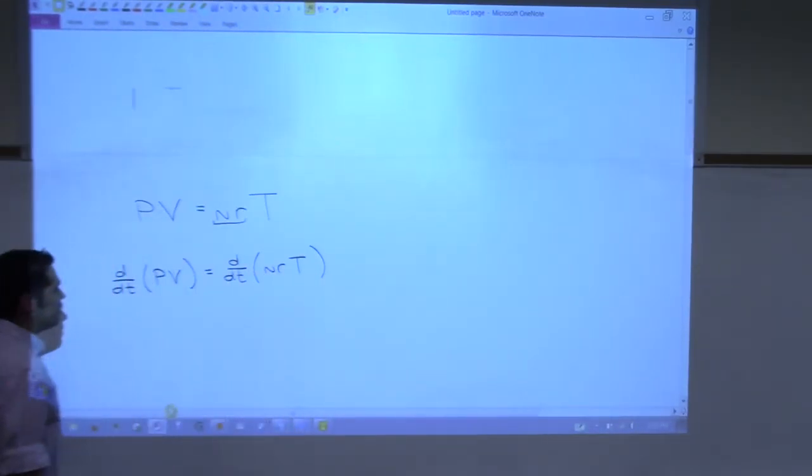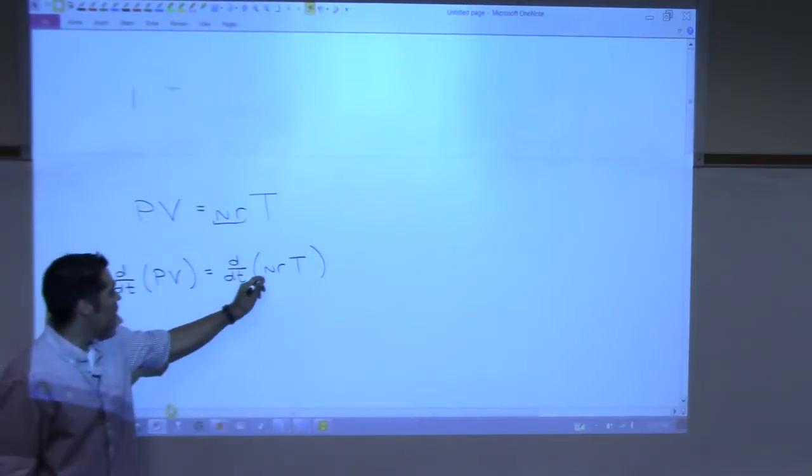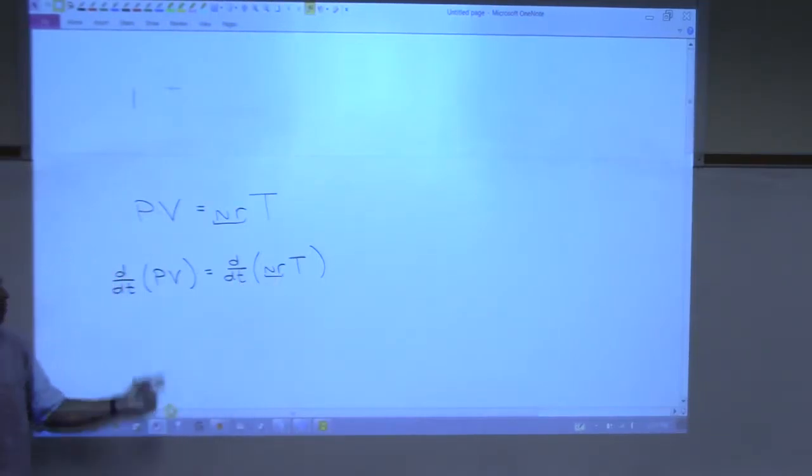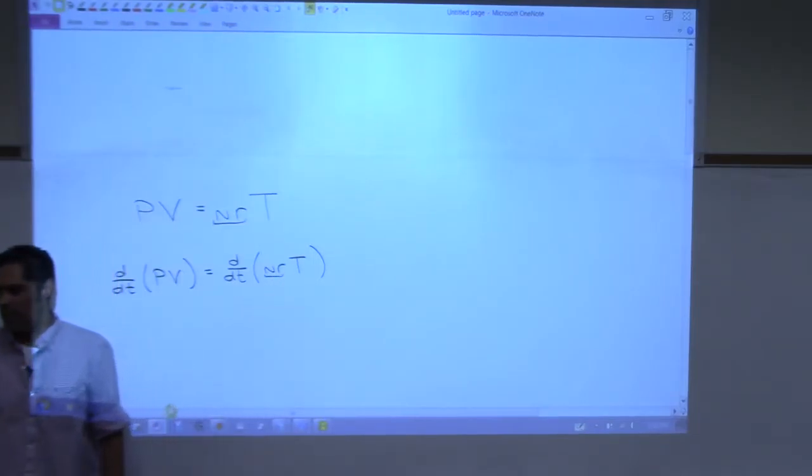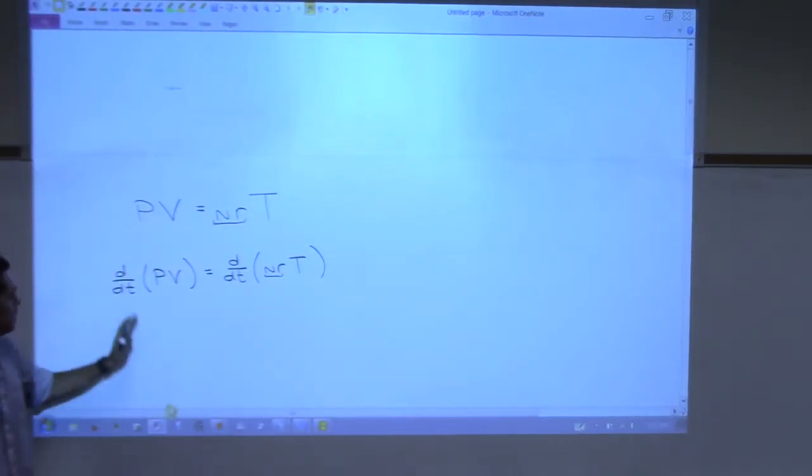But look at this. There are only two constants in the problem. There they are. Everything else is a variable. The pressure depends on time, the volume depends on time, the temperature depends on time, right? So when I take the derivative of the left side, that's a product rule. What's the derivative of a product?